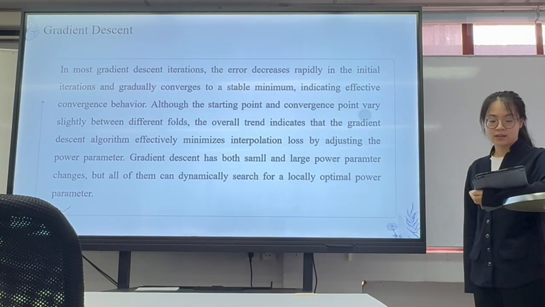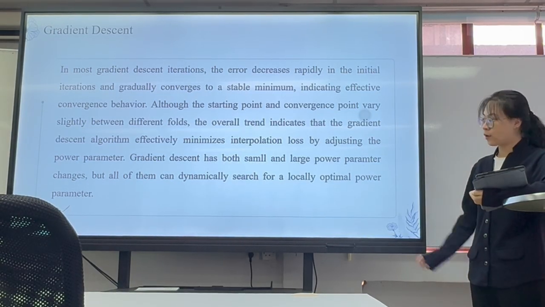Although the starting point and the convergence point vary slightly between different folds, the overall trend indicates that the gradient descent algorithm effectively minimizes interpolation loss by adjusting the power parameter. Gradient descent has both small and large power parameter changes, but all of them can dynamically converge to a locally optimal power parameter.